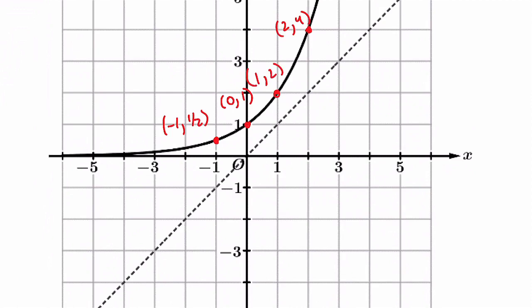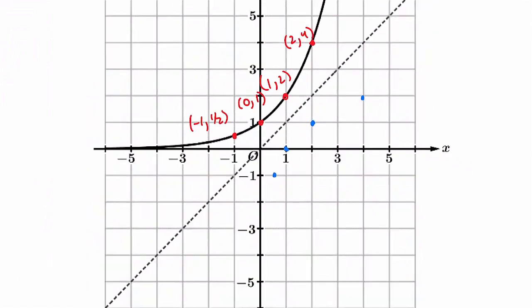For this first point here, I'll say 1/2, -1, which is down here. 0, 1 is now 1, 0. 1, 2 is now 2, 1. 2, 4 is now 4, 2. So there are my new points that draw the inverse graph.